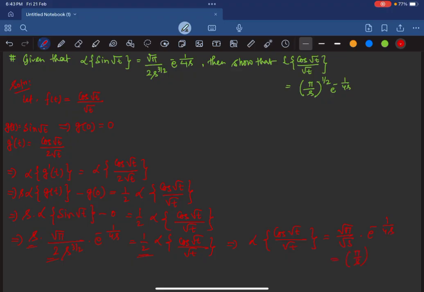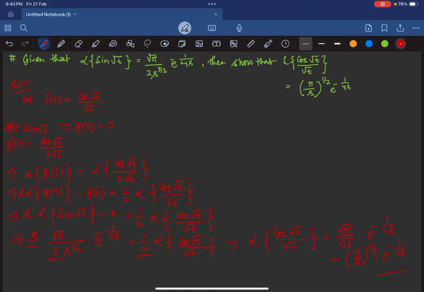This is nothing but pi by s whole power half into e power minus 1 by 4s. This is the required answer. So it was a little tricky question, but it is nothing but the application of that previous understanding. Likewise we can solve this type of questions as well.